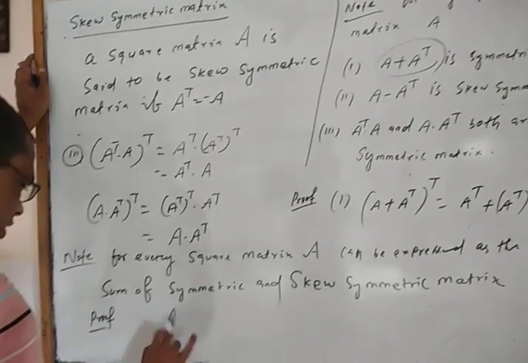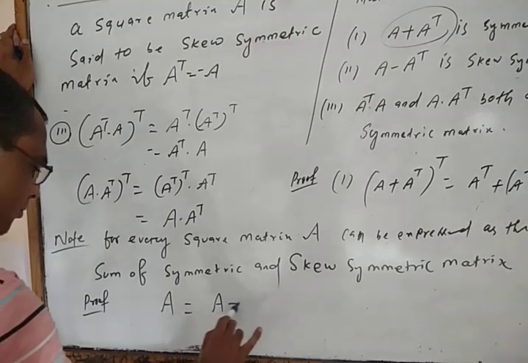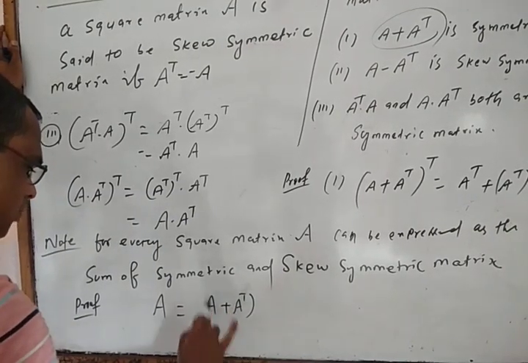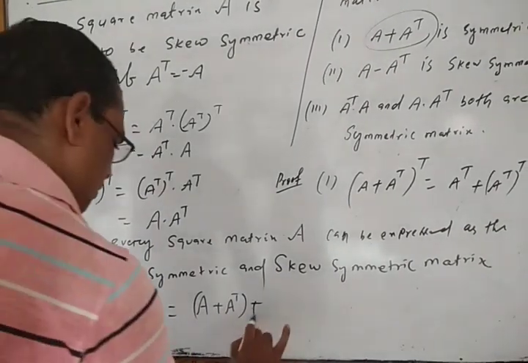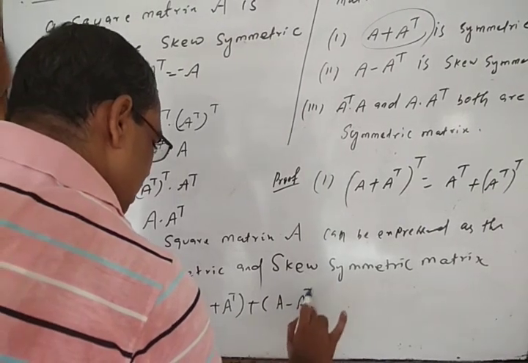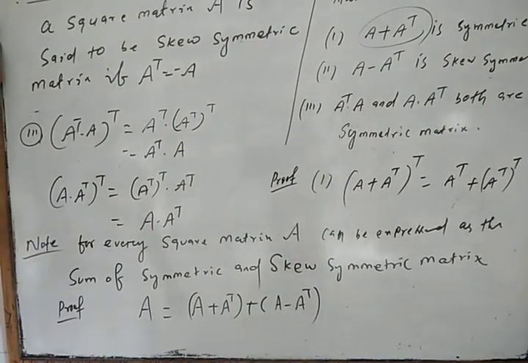Proof: you have to write A is equal to (A plus A transpose) plus (A minus A transpose).